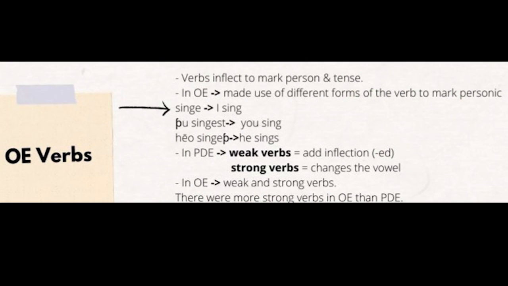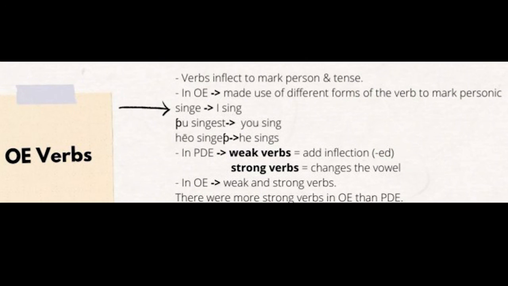Old English also did inflections such as I sing, you sing, he singeth, she sings. Then, in present day English, there are weak verbs and strong verbs. Weak verbs are formed by adding an inflection such as ed and t. Strong verbs are formed by changing the vowels.